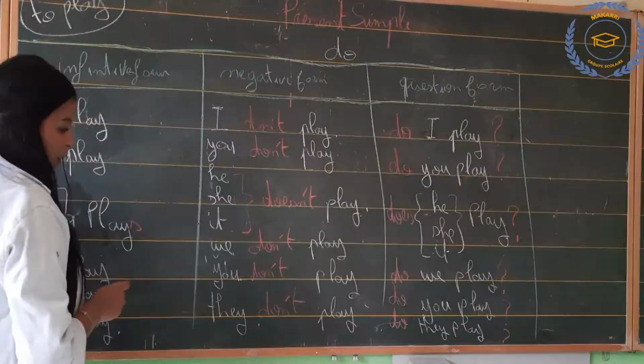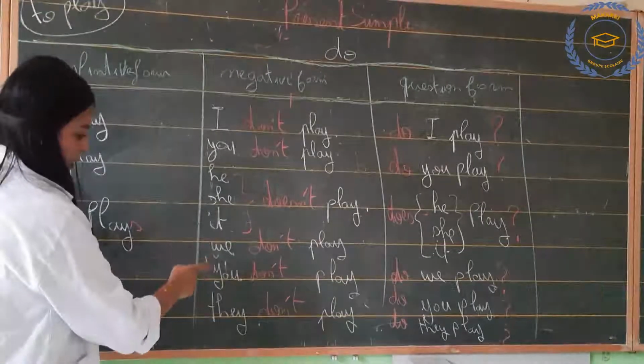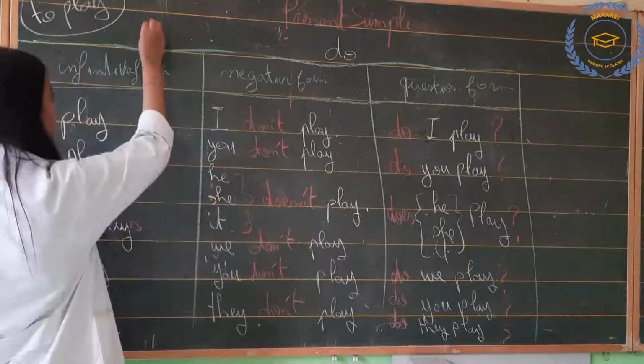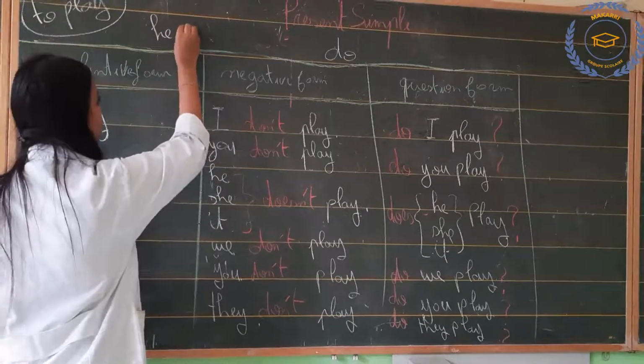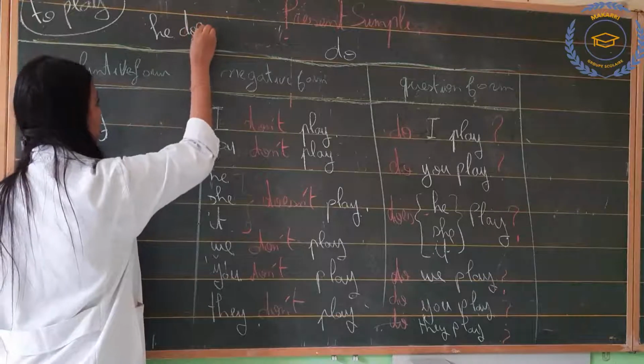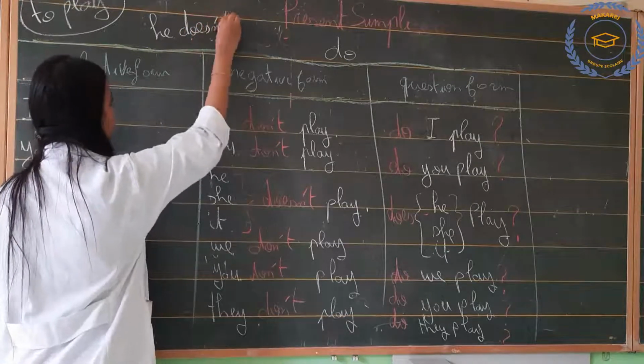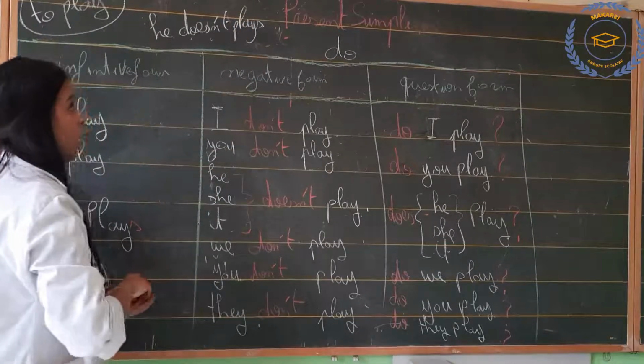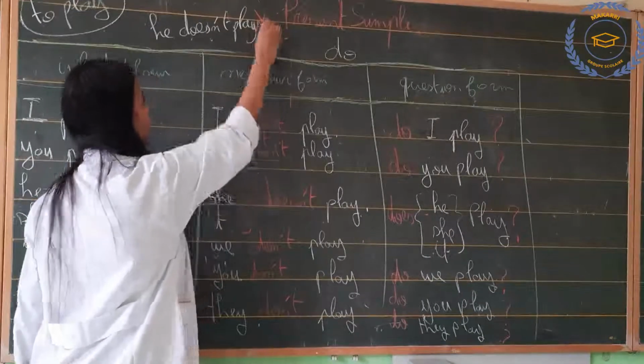For example, they want to say, let's take, he doesn't play. They do it like this: he doesn't plays, which is not correct.